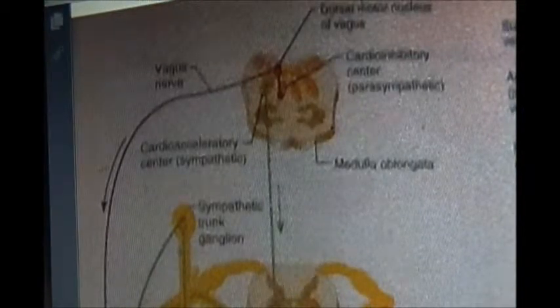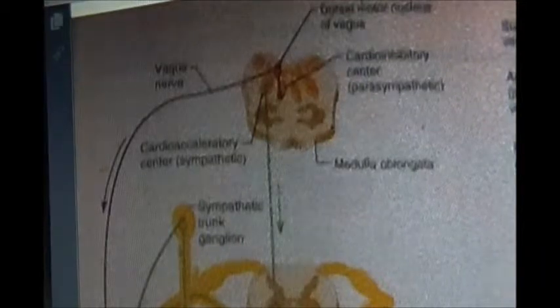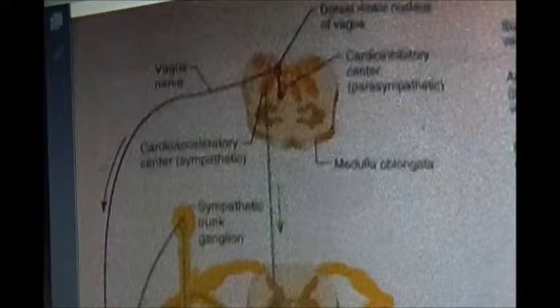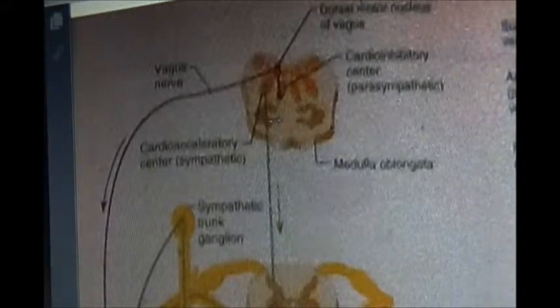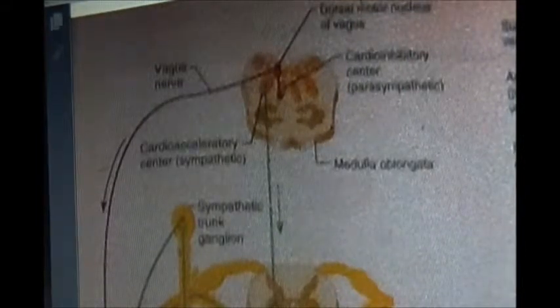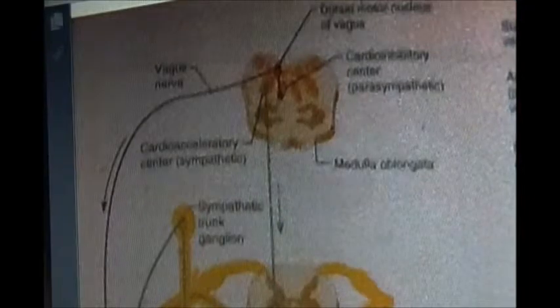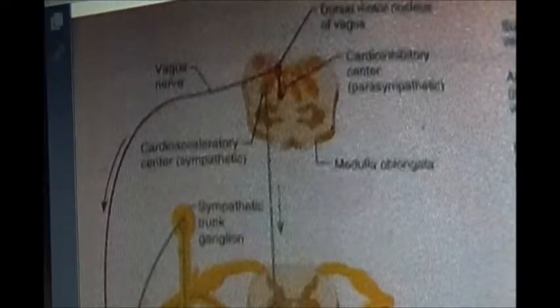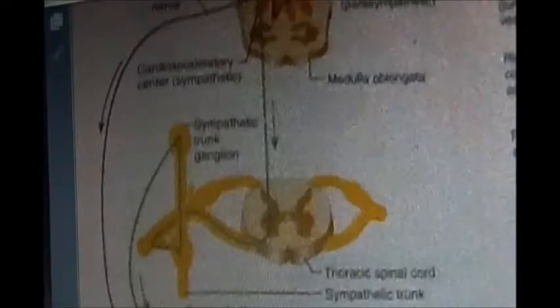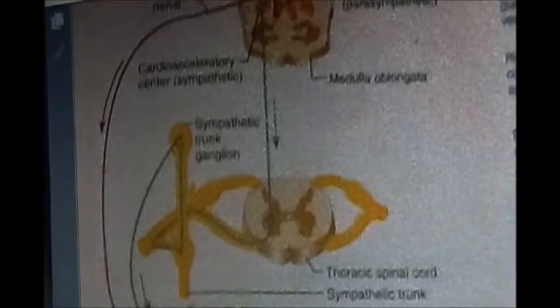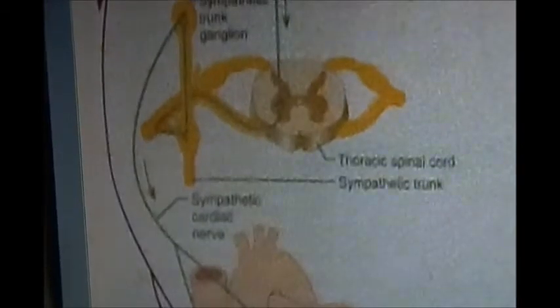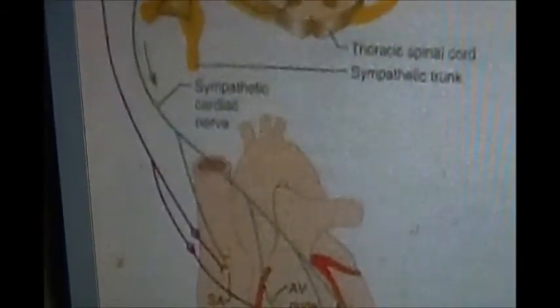The inhibitory center sends the vagus nerve, which is a parasympathetic nerve, and the acceleratory center sends it to the spinal cord, and from there the sympathetic nerves from thoracic 1 to thoracic 5 supply the sympathetic ganglion, and from the sympathetic ganglion the nerve fibers go to the heart.